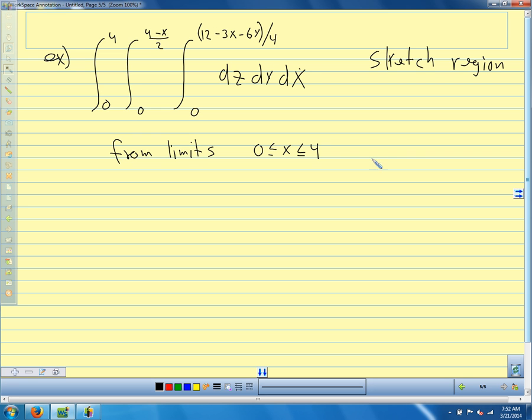That's our second integral. 0 is less than or equal to y, less than or equal to (4 minus x) over 2. And finally, our inner integral tells us that 0 is less than or equal to z, less than or equal to (12 minus 3x minus 6y) over 4.